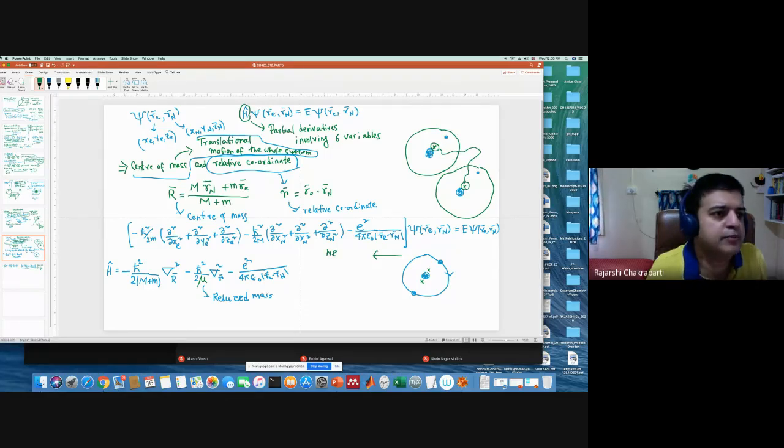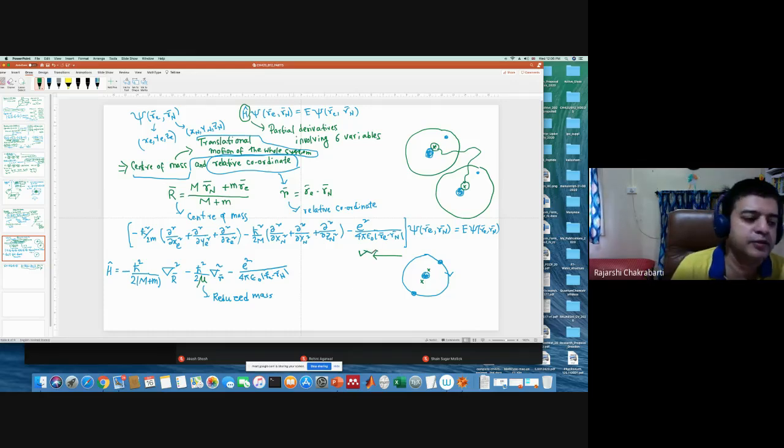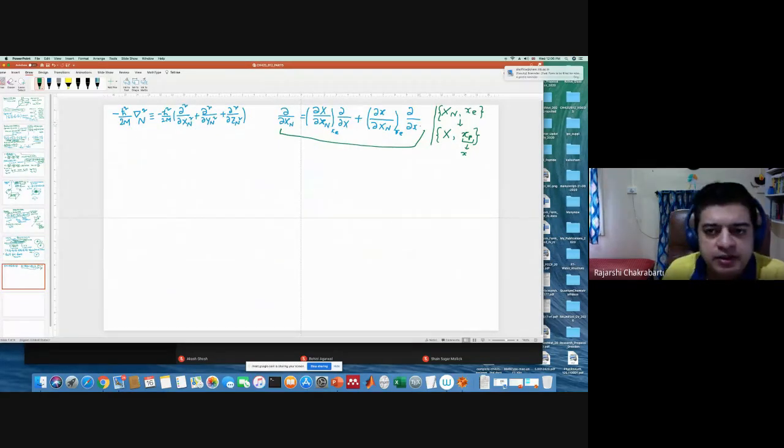I cannot write, some problem with writing, but this is the one I am very much interested in. Okay, this is the problem I'm interested in, the relative coordinates. Because of that, I'm just making this change in variables. When I do the change of variables, I get this.